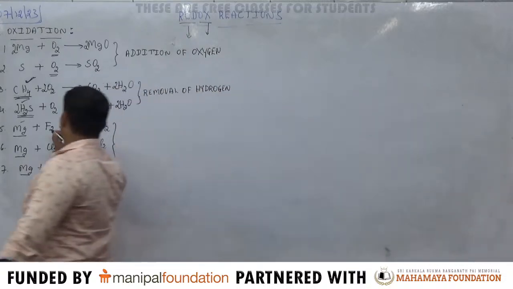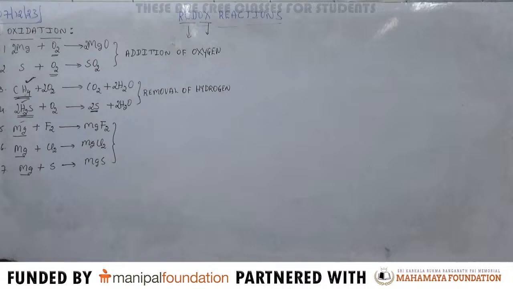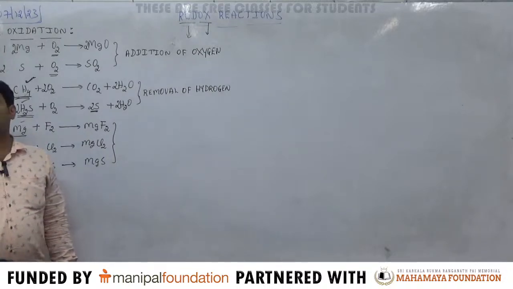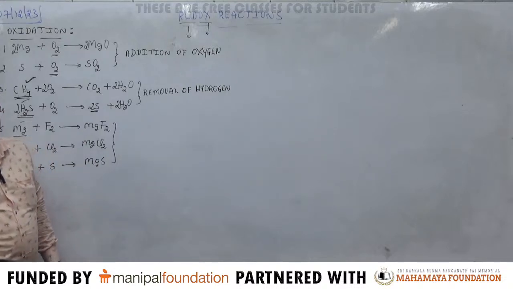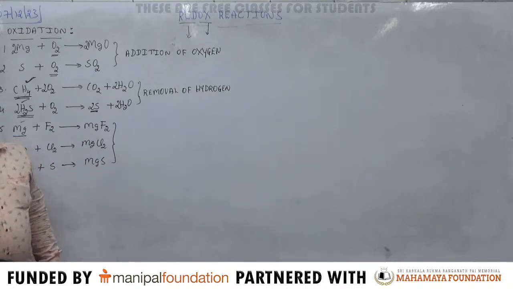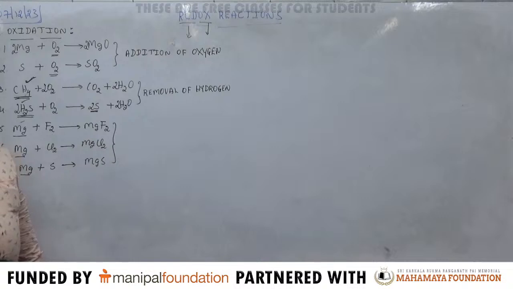So fluorine and chlorine are electronegative elements, and along with that sulfur belongs to group number 16. Very good. Since it is close to 17, its electronegativity is higher compared to the element on the left hand side.